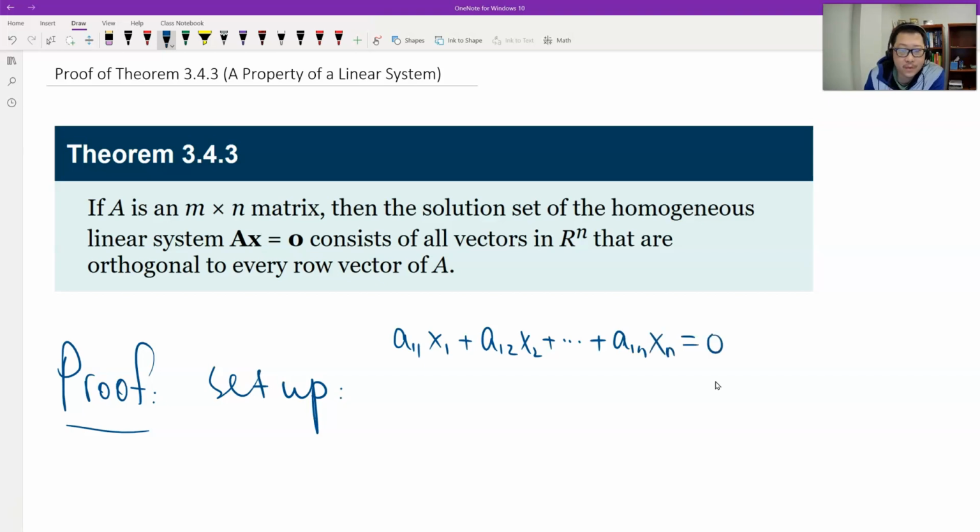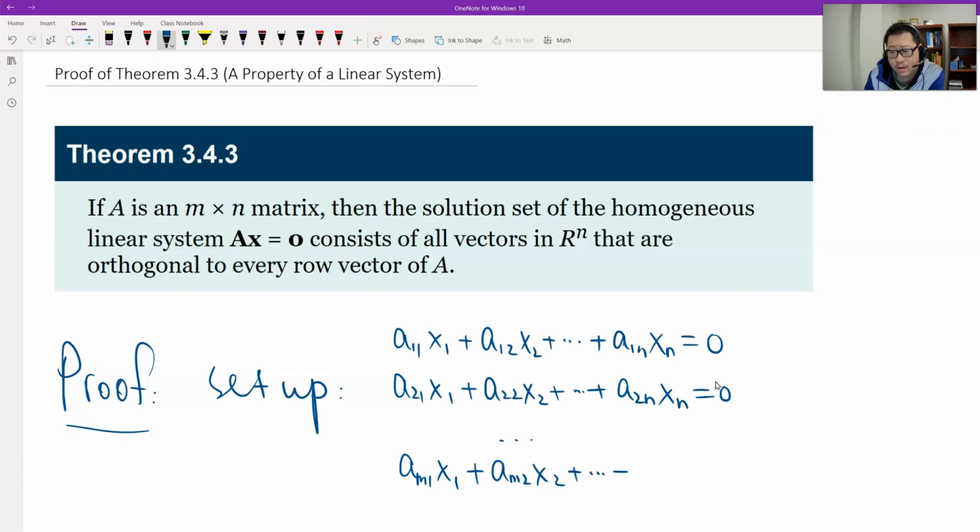The second equation is A21 x1 plus A22 x2 up to A2n xn, also 0. I ignore the middle equations. The last equation should be Am1 x1 plus Am2 x2, and then goes on to Amn xn equals 0. You can see this is the linear system.